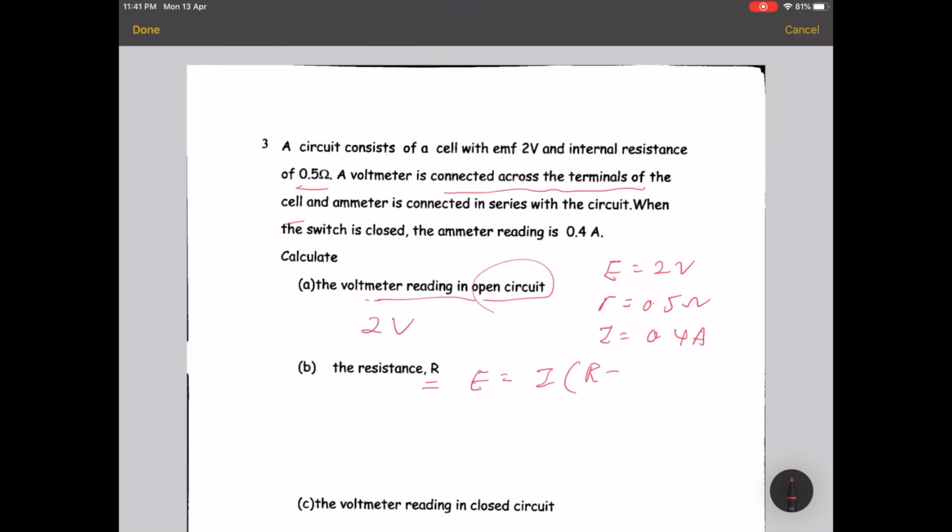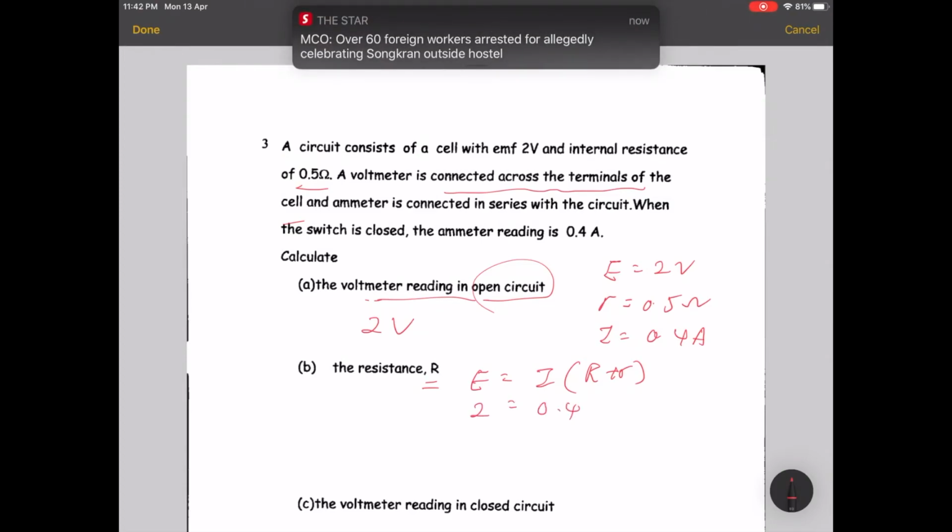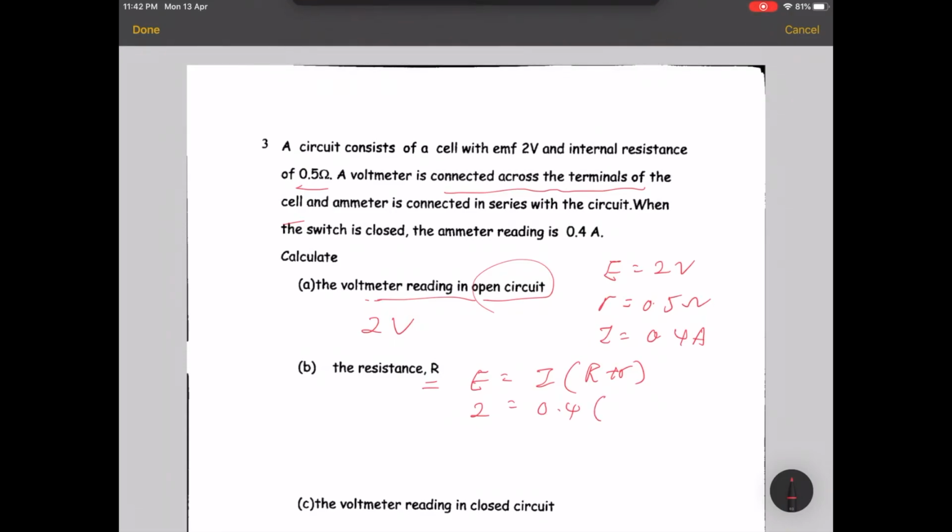Because all the information required are there. 2, 0.4, and the big R, you're looking for that. So your R should be equals to, I think it should be 4.5 ohm.